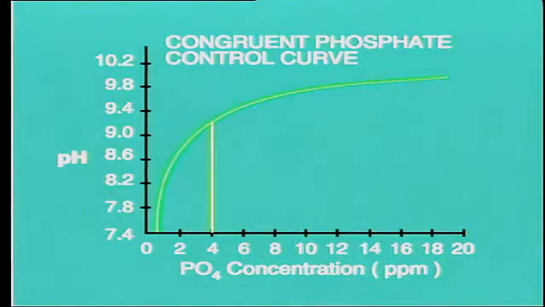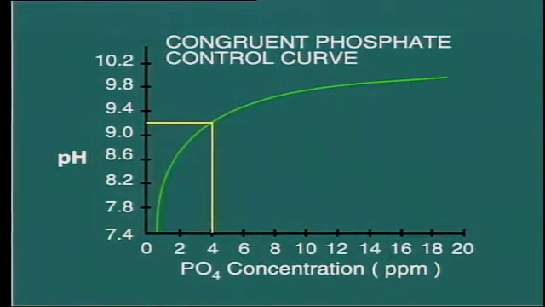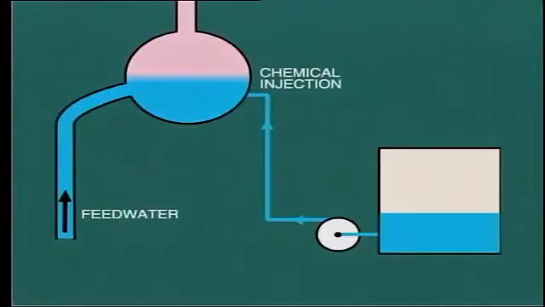For example, for a phosphate concentration of 4 ppm, the maximum allowable pH is indicated at 9.2. pH values above this level may lead to caustic attack at certain locations in the boiler. It may even be necessary to use monosodium phosphate in some cases in order to hold the pH level down to the desired level.